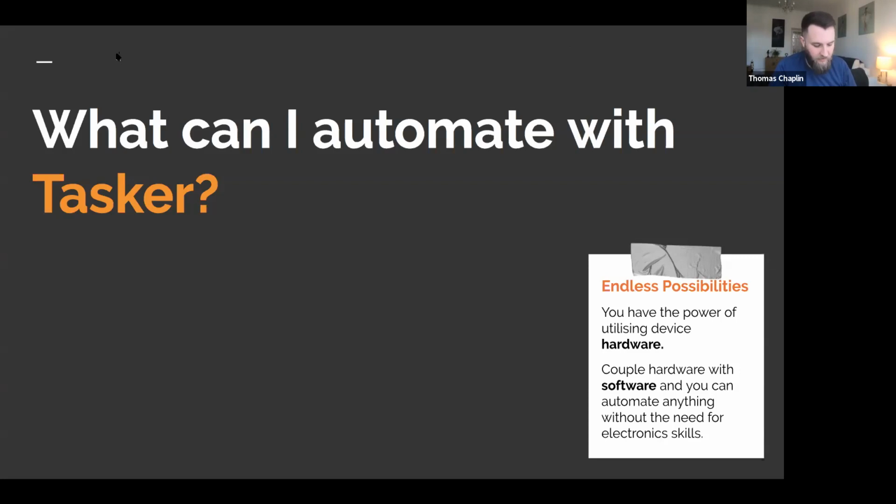And as I've mentioned before, you don't actually have to go out and learn how to solder something or buy all these various different components, which can add up and cost a lot of money and take time from a hands-on point of view, because you need to learn how to solder and understand about electronics, maybe to utilize Bluetooth or something like that. I'll give you an example of what we can automate with Tasker later on, but essentially the possibilities are endless, but obviously limited to what the device and the software can do.